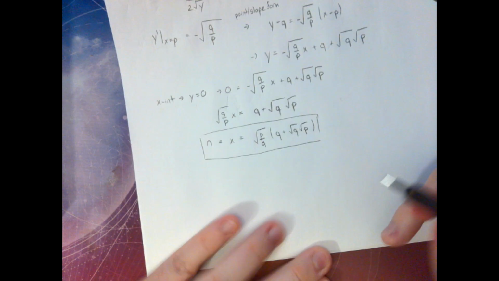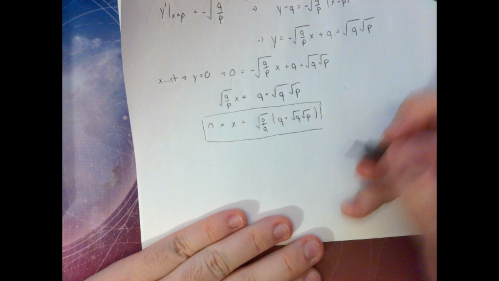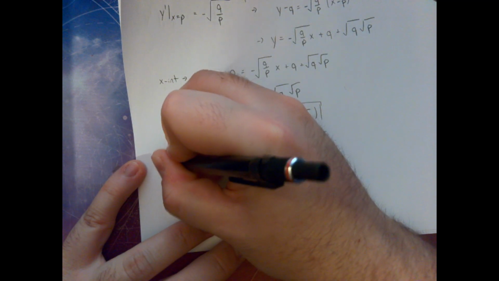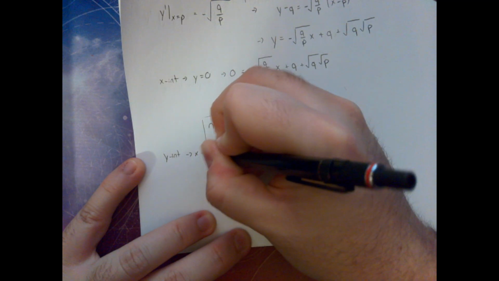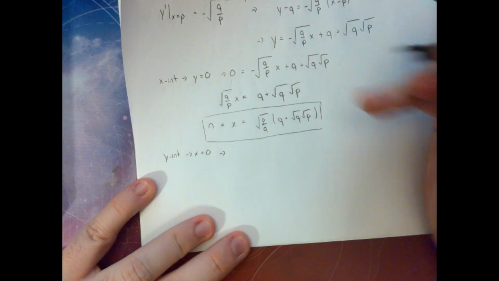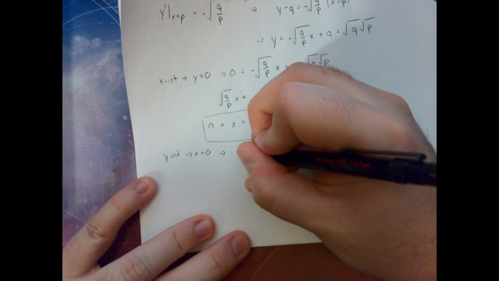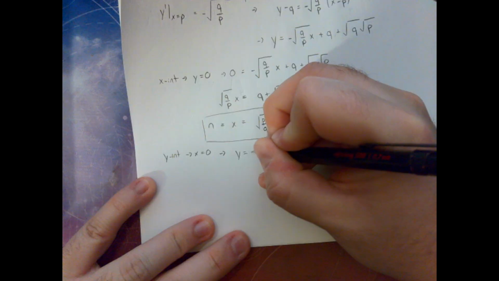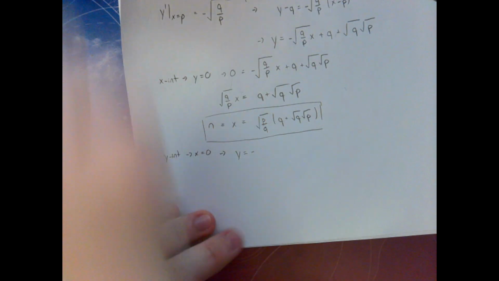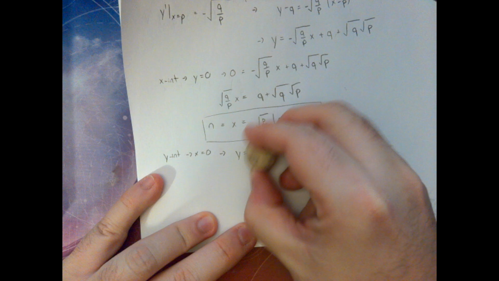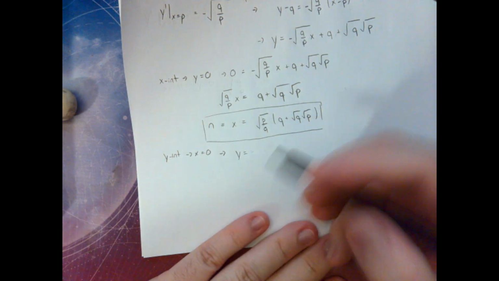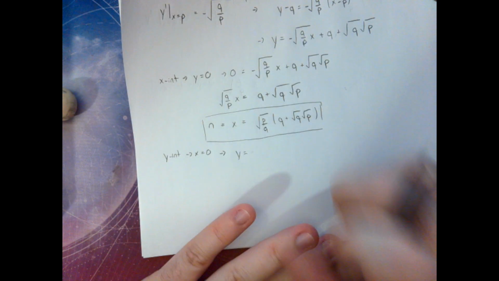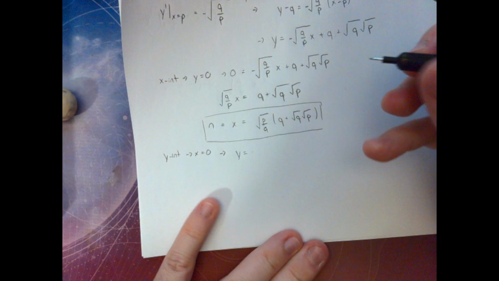Okay. And now I just have to repeat the process, but for my y-intercept, right? So my y-intercept occurs when x is equal to 0. So what do I have here? I have y is equal to minus, oh, sorry, not minus anything, because that entire term just disappears. The minus square root of q over p times x, because it's just multiplication by 0, so it just disappears.